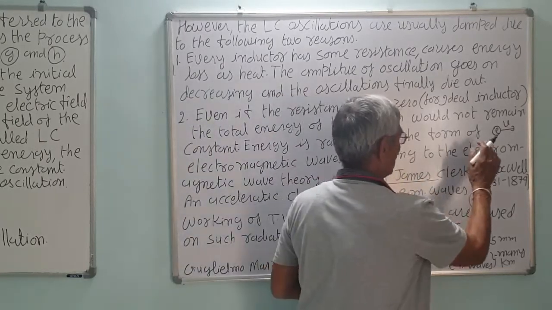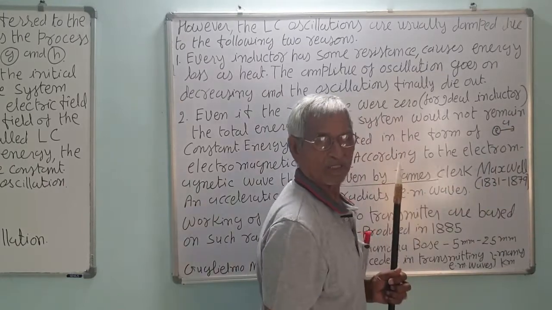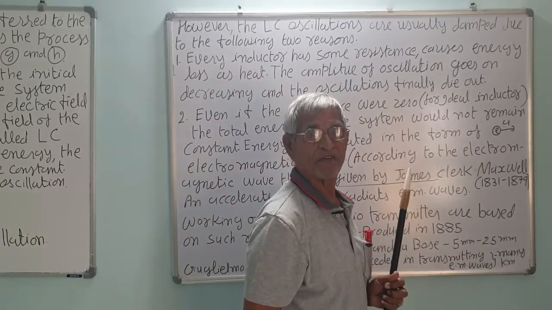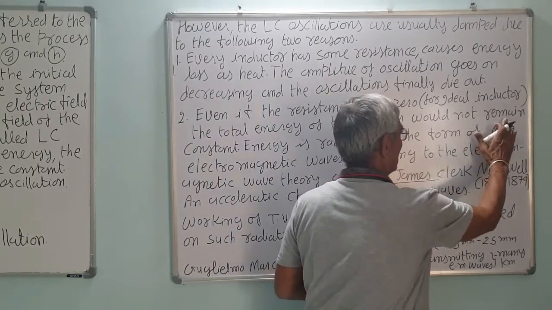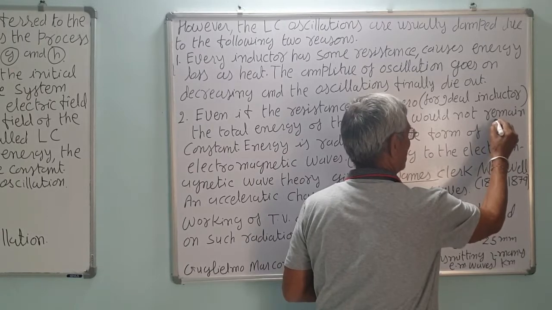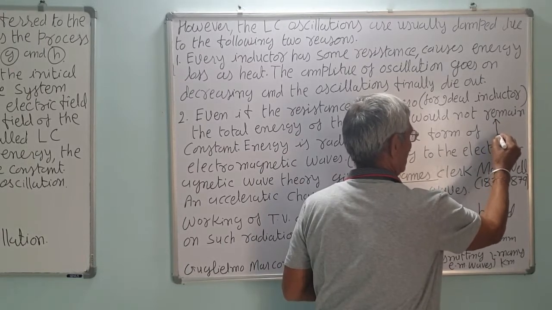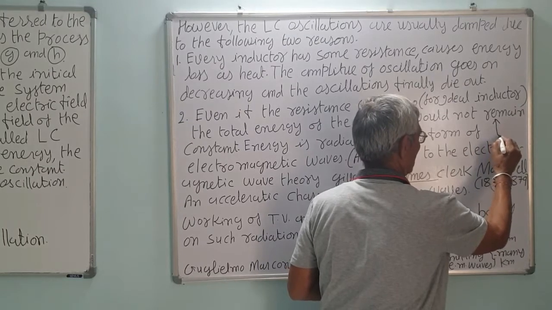But if it is accelerating with acceleration A, then it has a time varying electric field, and that will produce a time varying magnetic field, and this produces what are called electromagnetic waves. The electric field and the magnetic field are at right angles.